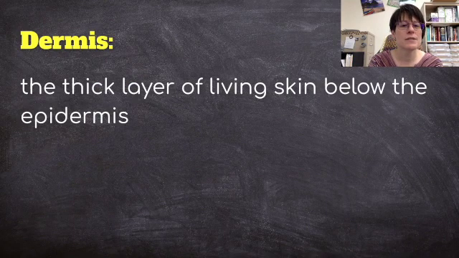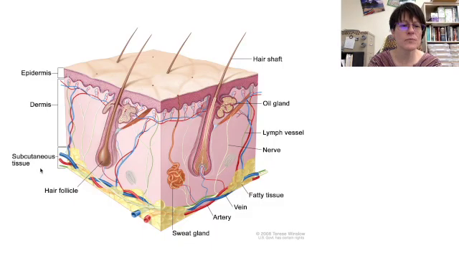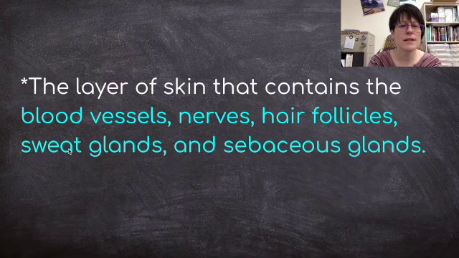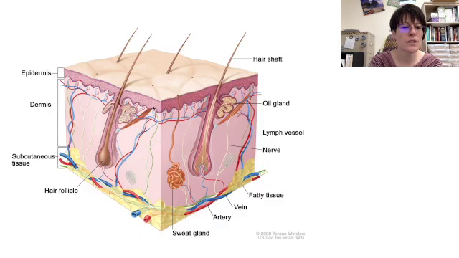Now the dermis is the thick layer of living skin below the epidermis. So here in this diagram, this is the dermis right here, the dermal layer. This is the layer of skin that contains the blood vessels, nerves, hair follicles, sweat glands, and sebaceous glands. Here we can see all those things.